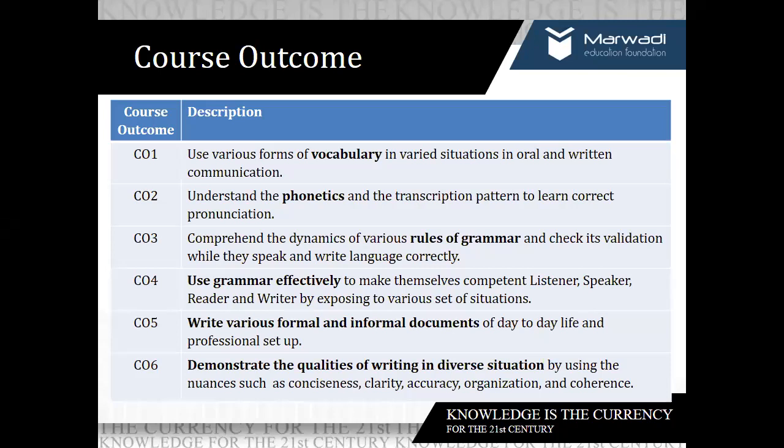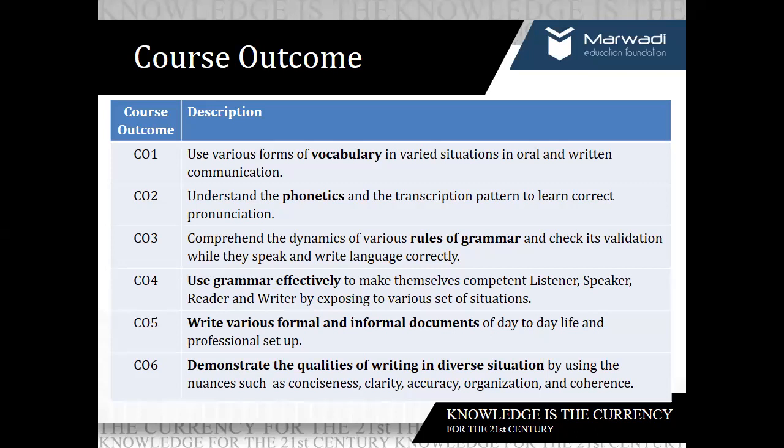Course outcome number 4 stands for: use grammar effectively to make themselves competent listeners, speakers, readers, and writers by exposing them to various sets of situations. So situation-wise, you should be competent when you are listening to something, speaking to somebody, reading or writing. In that way, you can use grammar effectively. The first one is to understand the rules. The second is to use the grammar rules.